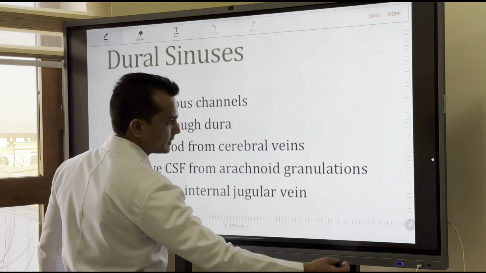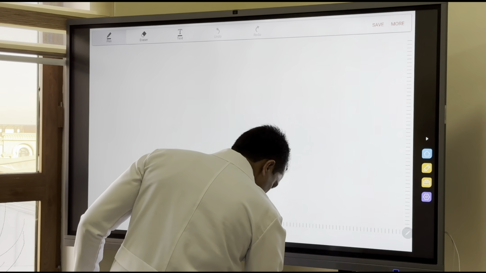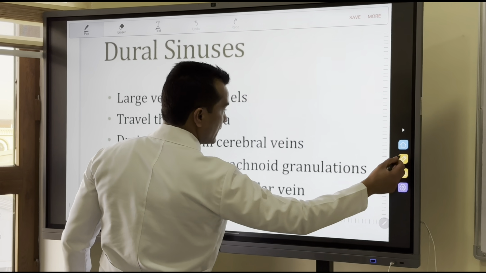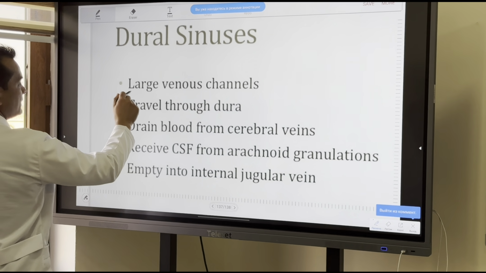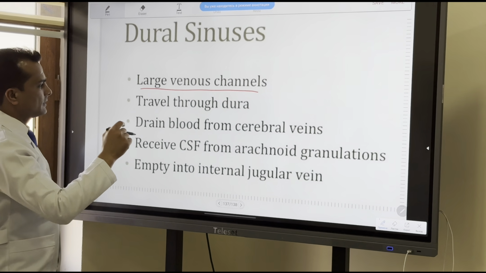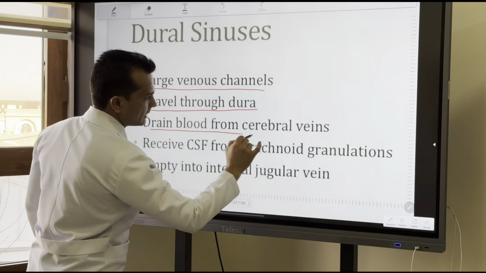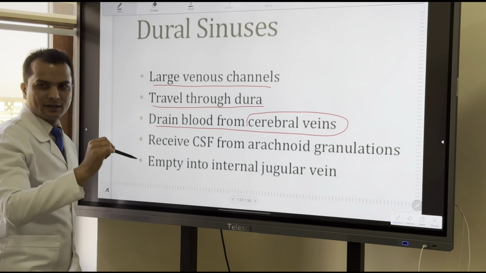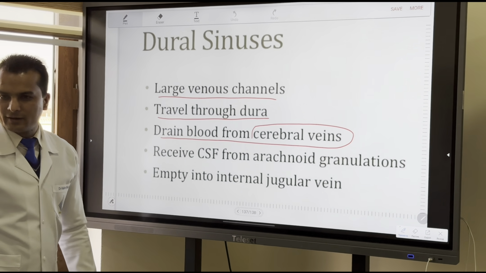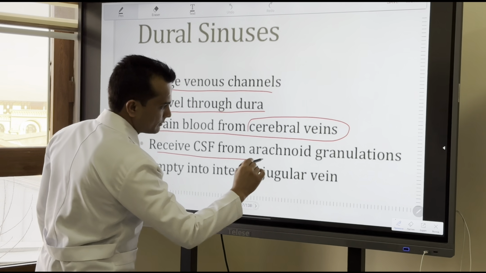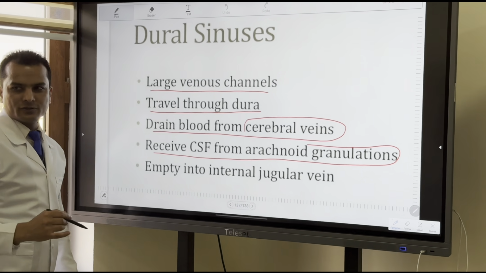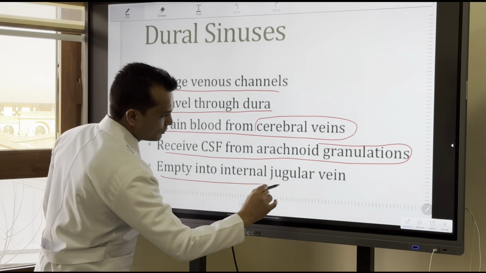And next we have to understand the significance of these sinuses. What are the dural sinuses? They are large venous channels. They travel through the dura, drain blood from the cerebral veins, and then receive CSF from the circulation, and empty into the internal jugular vein.